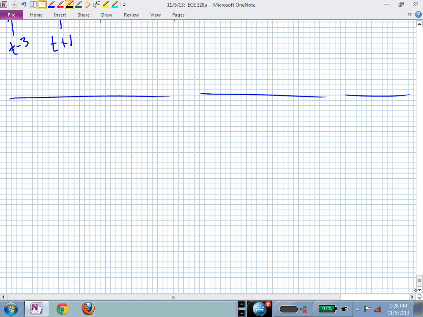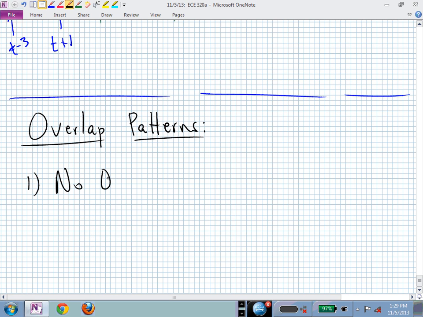Now we're looking at the process of actually computing this convolution integral. And I'm looking for different or unique overlap patterns. The first one that I want to identify is the case where I do not have any overlap between x of t minus lambda and h of lambda.